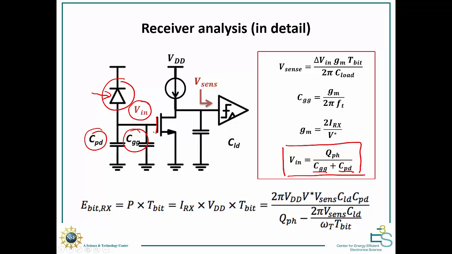Now, we assume here that we are at a given technology node and that the fT of our transistor is given to us. We can't play with that. So that's a given parameter in our problem.